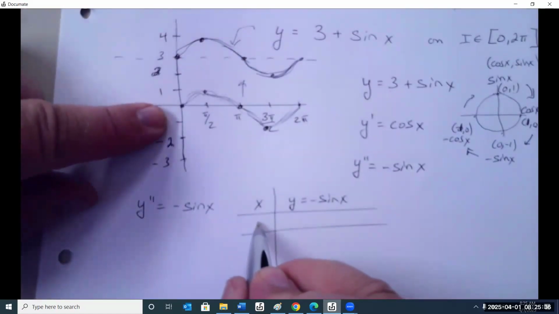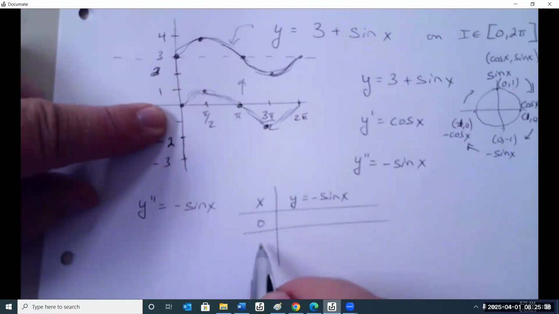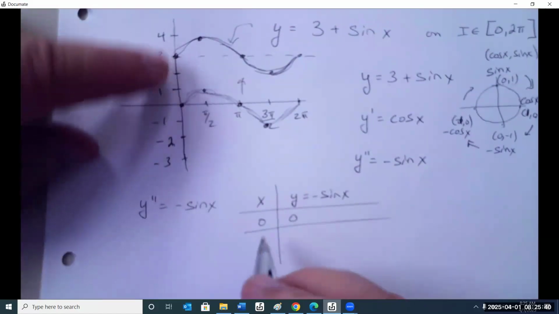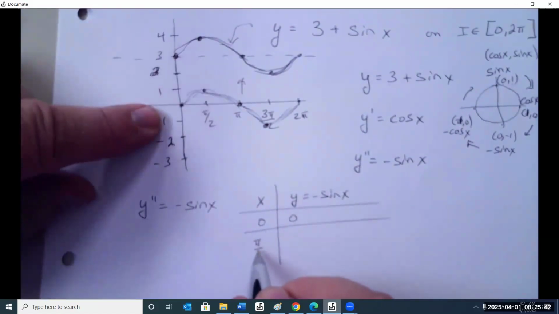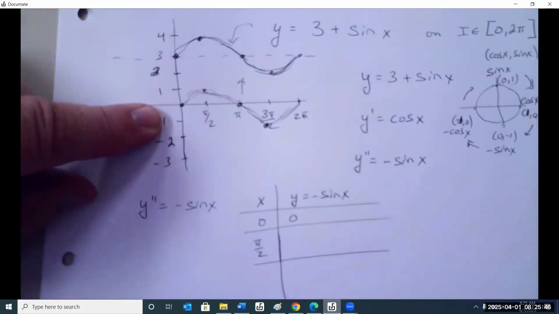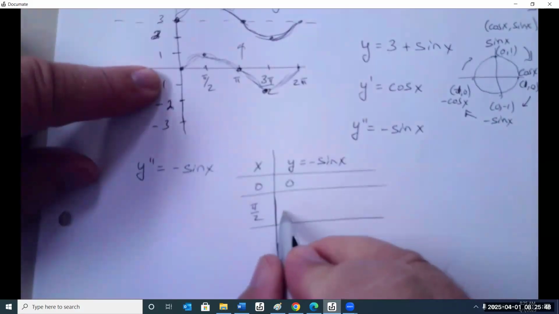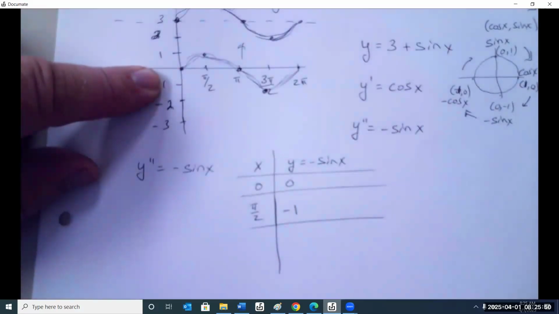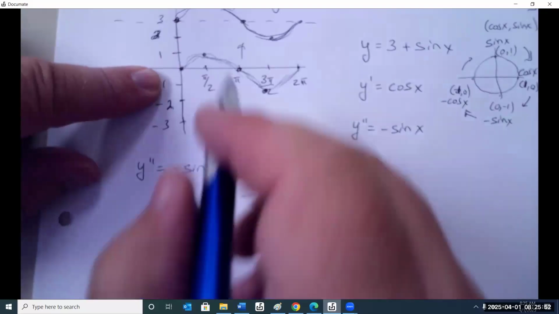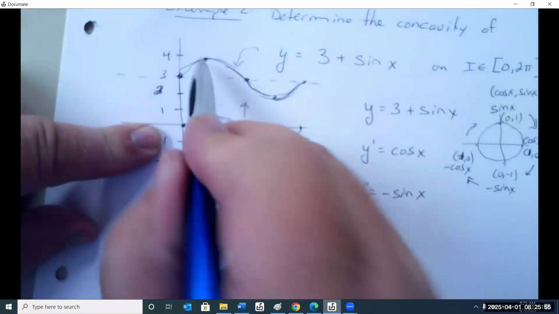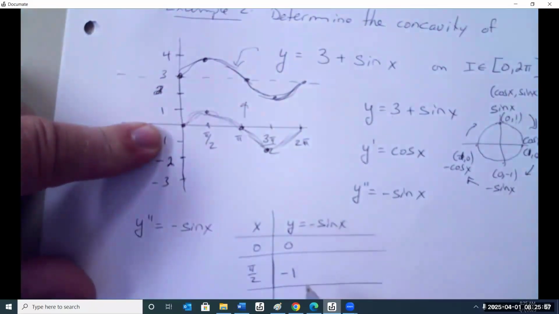When x is 0, it's 0. When x is pi over 2, what is my second derivative? Negative 1. Because it is 1, but since it's a negative coefficient.